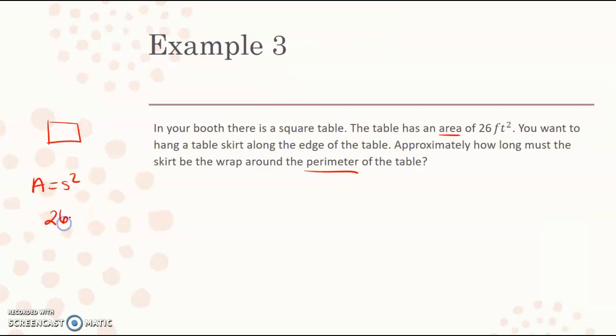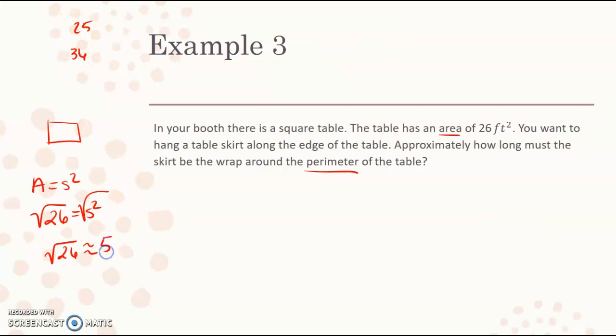So I'm going to take 26 is equal to the side squared. And so to find my side, I'm going to just take the square root of both sides. So then I have to approximate what the square root of 26 is. Well, if we think of it, we have 25 and 36, right? So it's closer to 5.